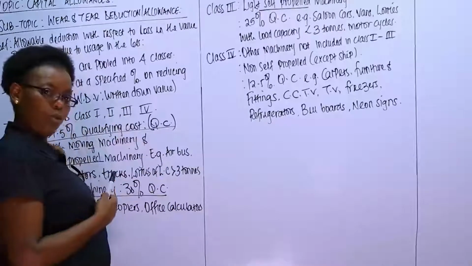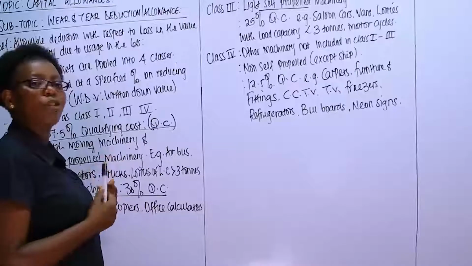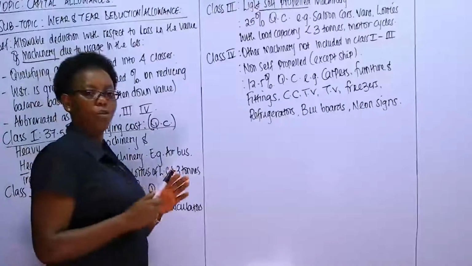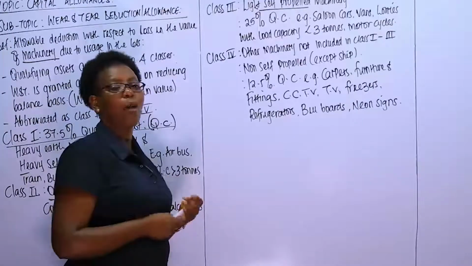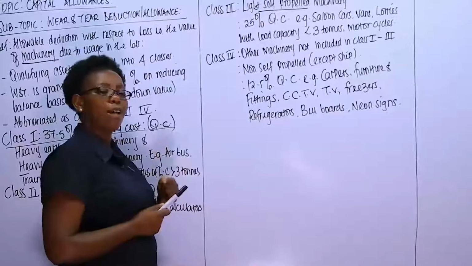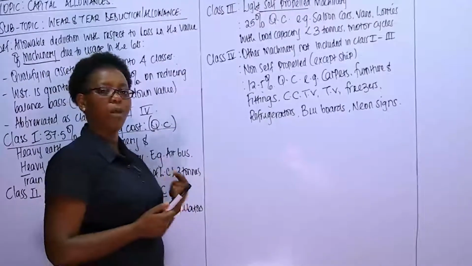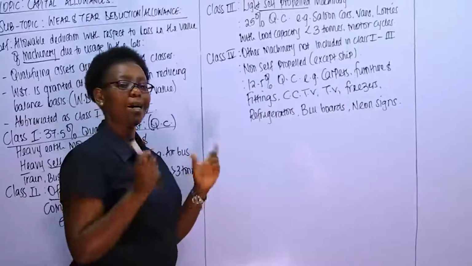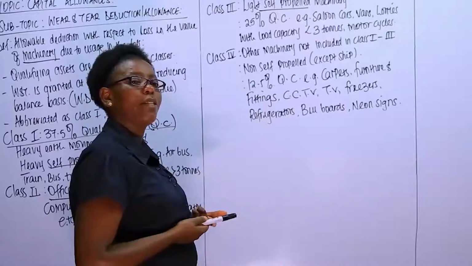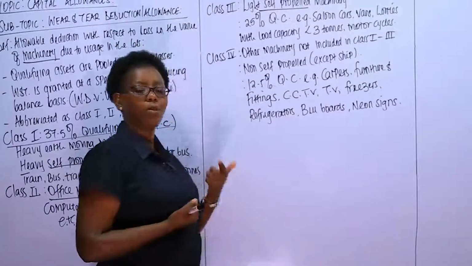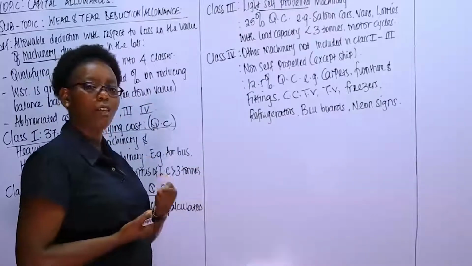Now, back to something that had been covered earlier, Section 15, allowable deductions, Section 16 of the Act, disallowable deductions. Capital allowances are disallowable, meaning that you're not allowed to deduct them as an expense that has been wholly and exclusively incurred in generating the taxable income.